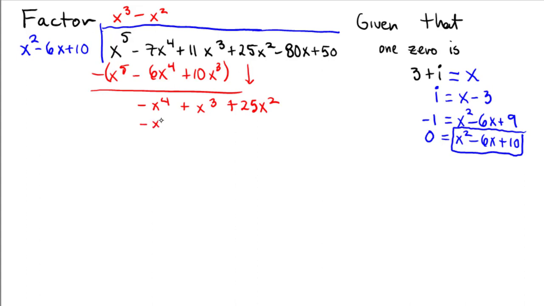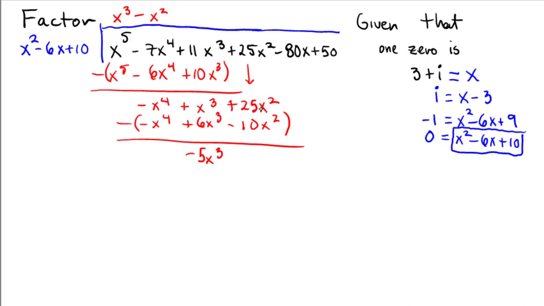Let's see, that creates negative x to the fourth. Distributing gives a plus 6x cubed. And then multiplying here will give me a negative 20x squared. Not negative 20, negative 10. Oh, I'm full of errors today. Negative 10x squared, so that when I subtract now, a little bit of cancellation, 1 and then 1 minus 6 is negative 5x cubed, and then 25 minus negative 10 would be plus 35x squared.